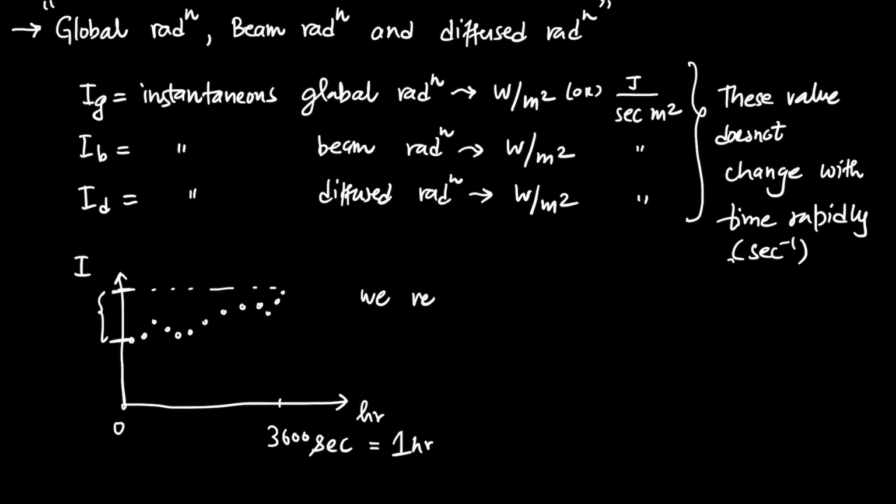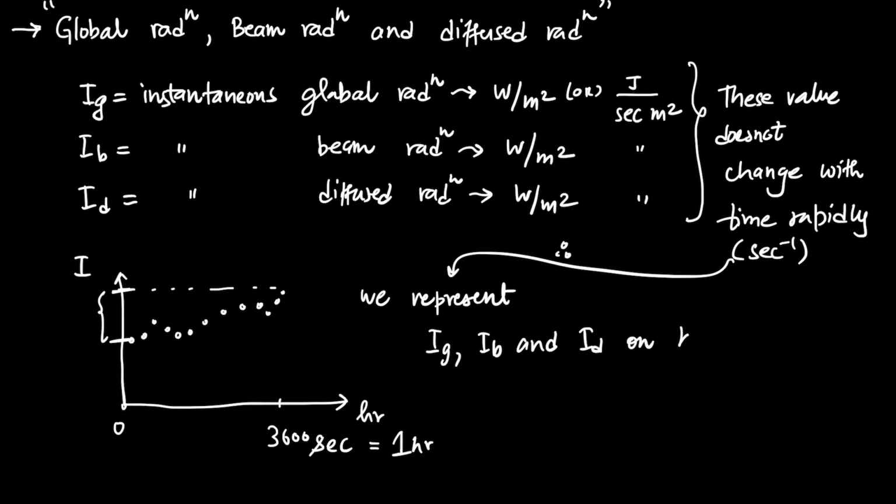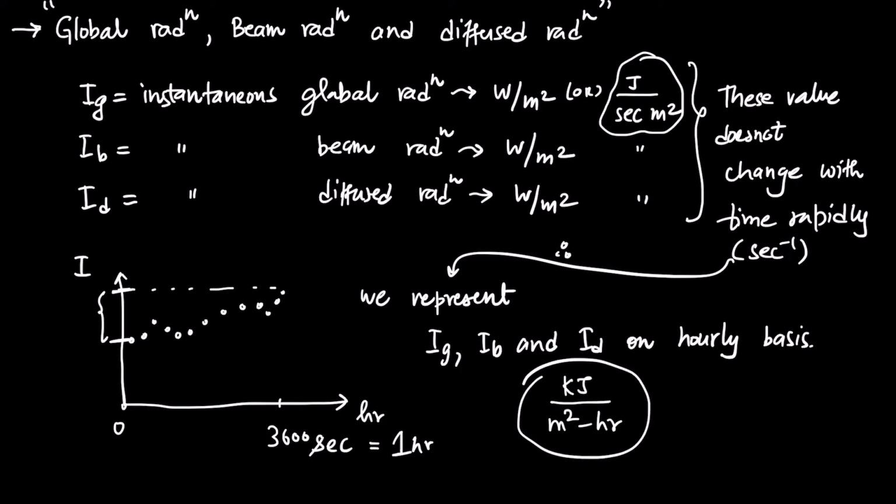So the unit becomes kilojoule per meter square hour. Why kilojoule? Because if we consider the value in joules, it is very high. So it changes from joule per second meter square to kilojoule per meter square hour.